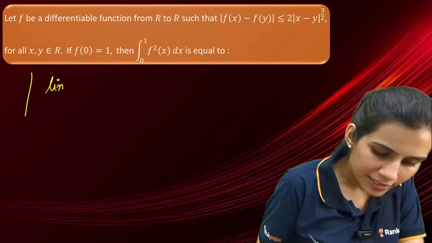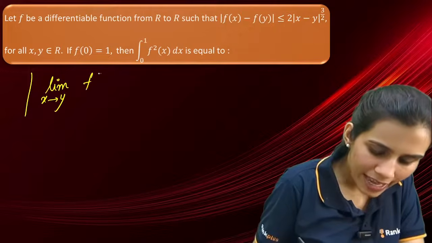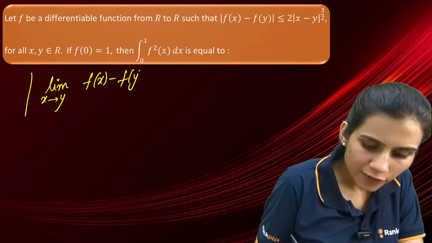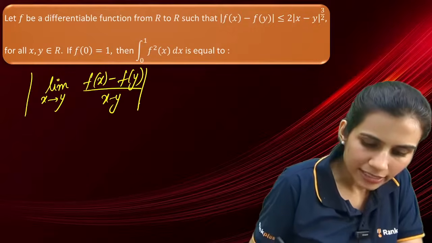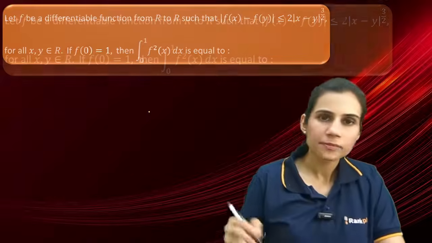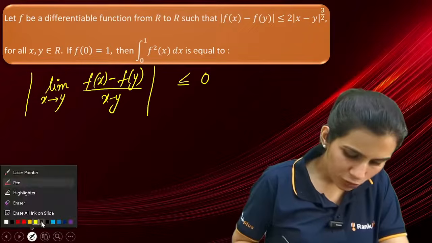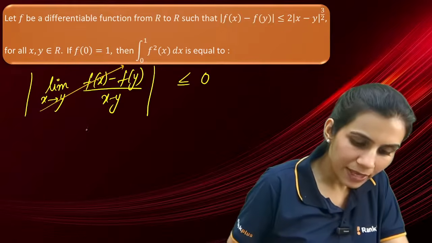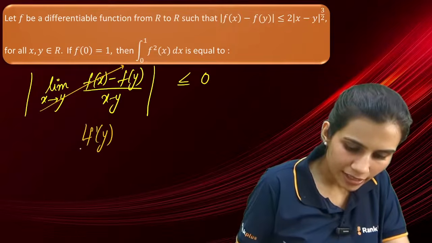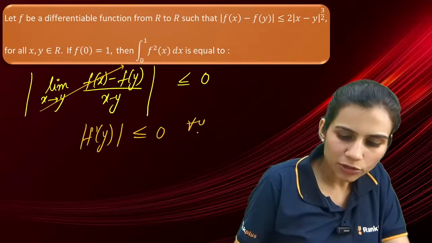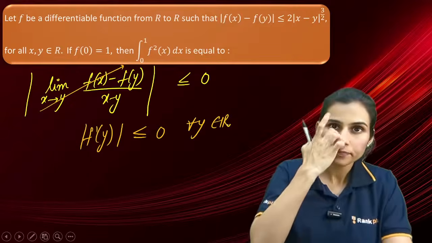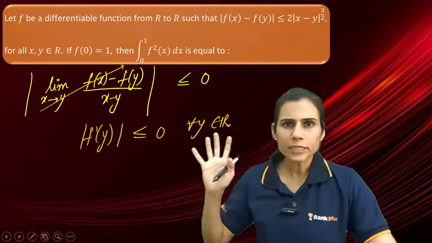Mod of limit x tends to y, f of x minus f of y upon x minus y, less than equal to 0. As I told you, this complete quantity is nothing but f dash y. Its mod is less than equal to 0. This is true for every y real. Got it this much?